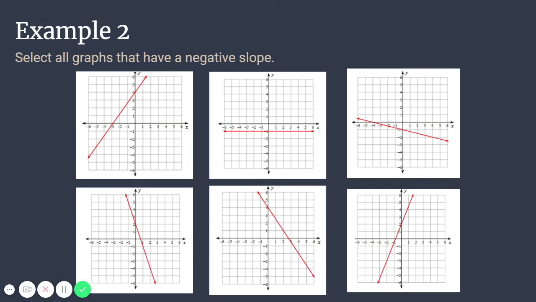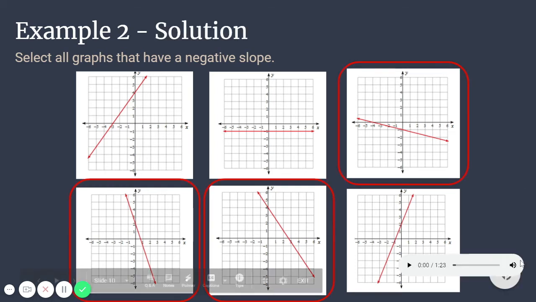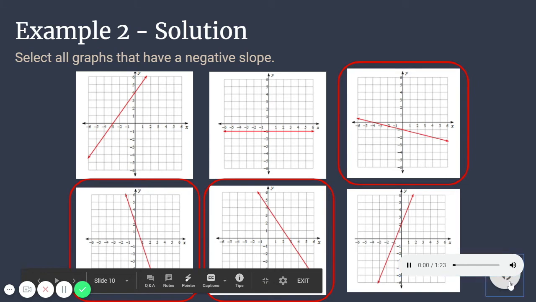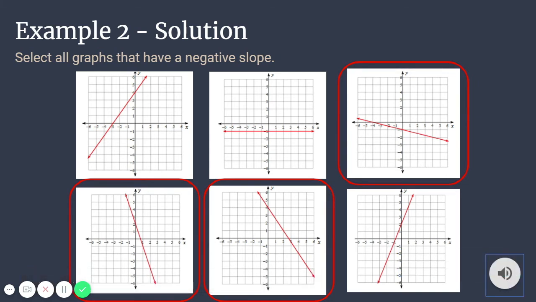Example number 2, select all graphs that have a negative slope. So look at the 6 graphs that you are given and please choose your answers accordingly. All right, so looking at example 2 here, we are supposed to pick the graphs that have a negative slope.